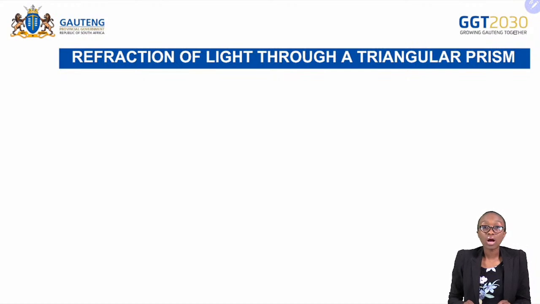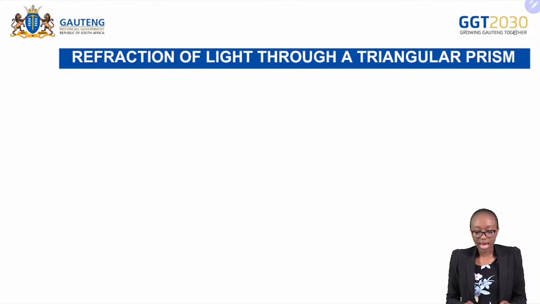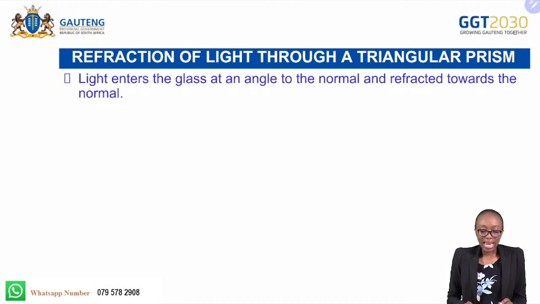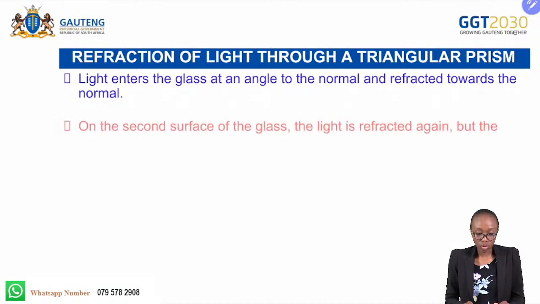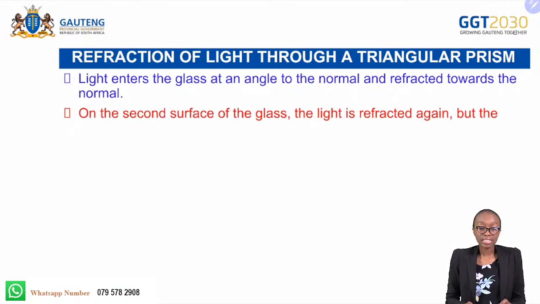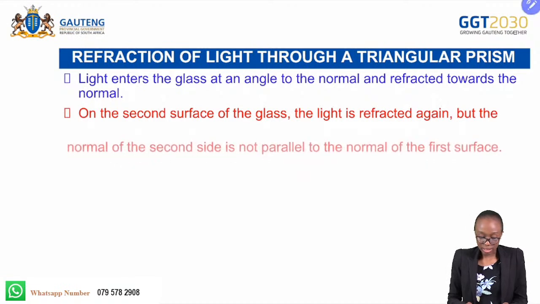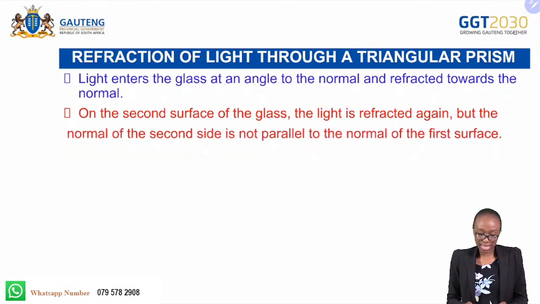So now let's talk about refraction of light through a triangular prism. Light enters the glass at an angle to the normal and is refracted towards the normal. On the second surface of the glass, the light is refracted again, but the normal of the second side is not parallel to the normal of the first surface.